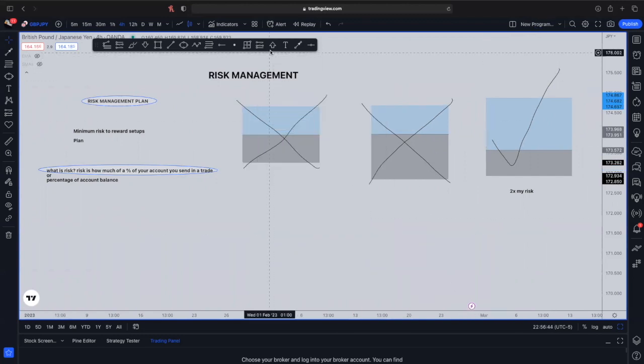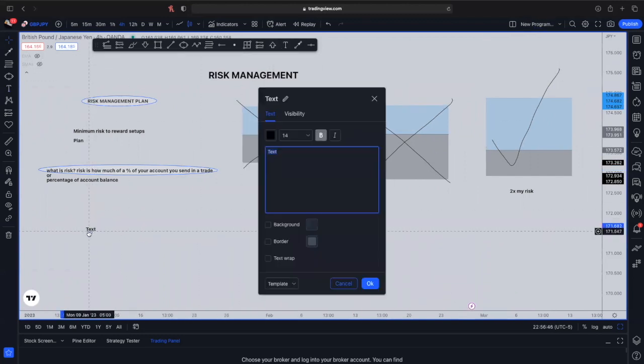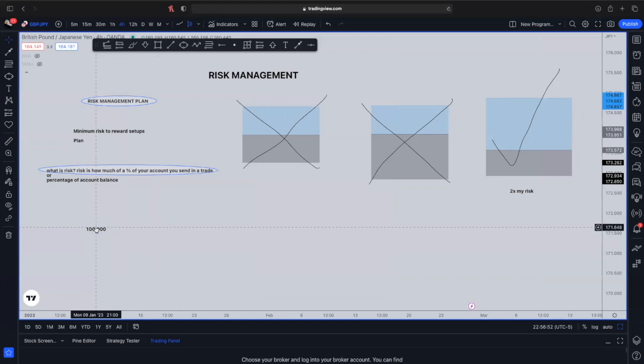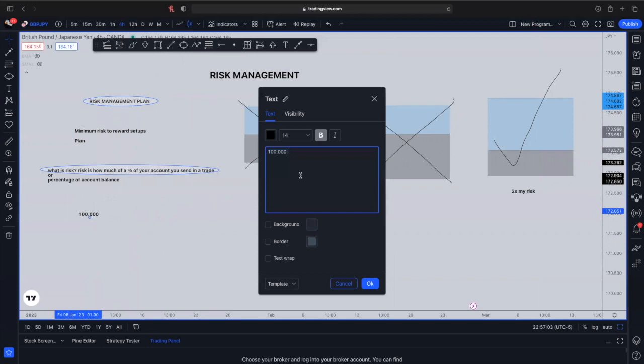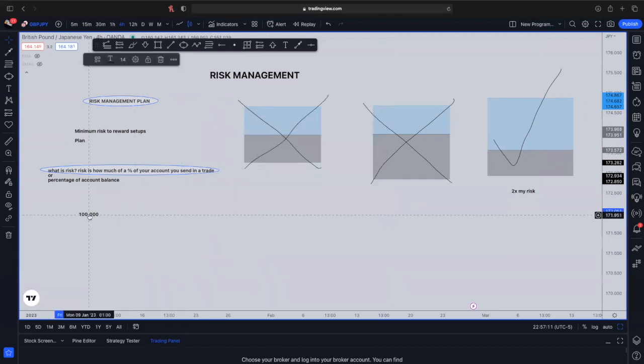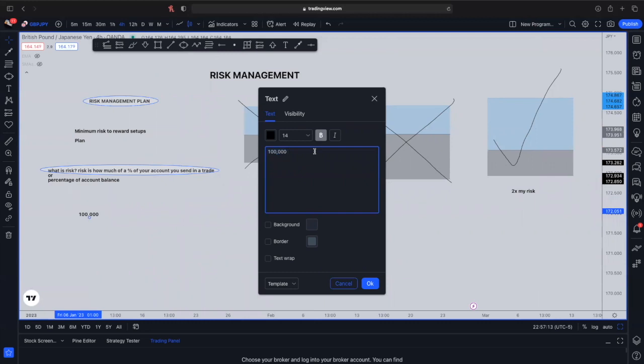So, for example, I am a 100,000 FTMO funded trader. That is my account balance. We are going to get into the habit of sending a certain amount that will be our plan.